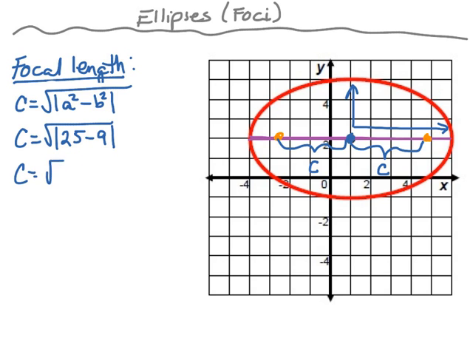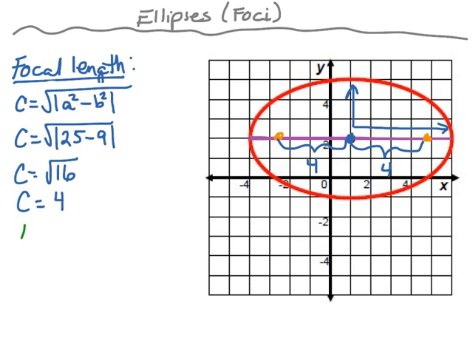The absolute value of 16 is 16. And if I take the square root of 16, C equals 4. So in other words, this distance here from the center to these 2 points is 4 units. So that's a distance of 4 units, and that's a distance of 4 units.